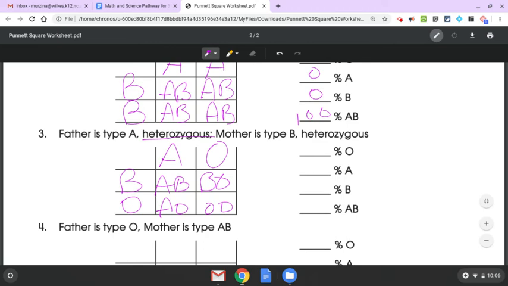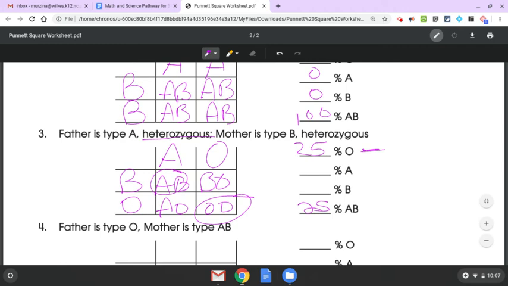For this top one, for type O, there is a 25% chance that the offspring will be type O. Remember, both of them have to show up in order for it to be O blood type. And type AB, there's also a 25% chance.